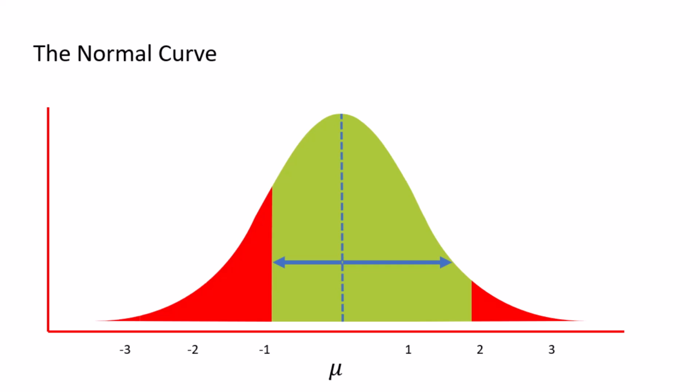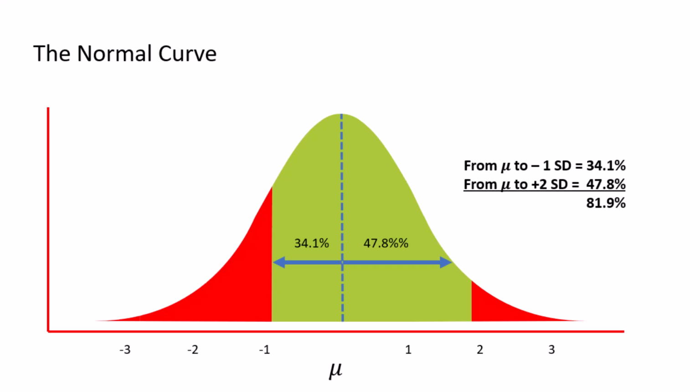The area 1 standard deviation below the mean, and this area 2 standard deviations above the mean. If we add these two together, you can see that the sum of these two areas is 81.9%. So we can say that 81.9% of the scores fall between 1 standard deviation below the mean and 2 standard deviations above the mean.